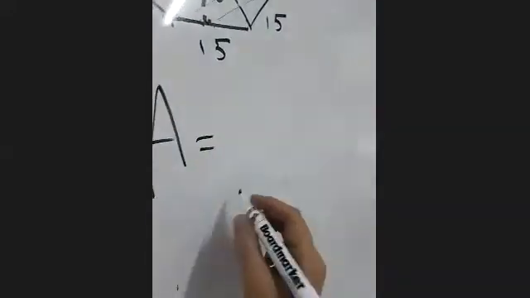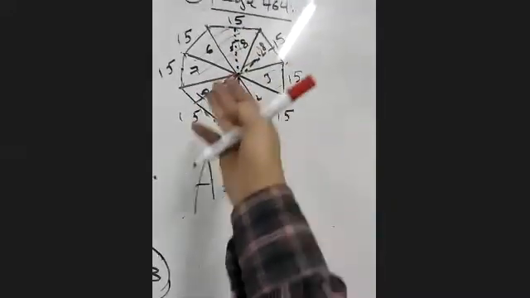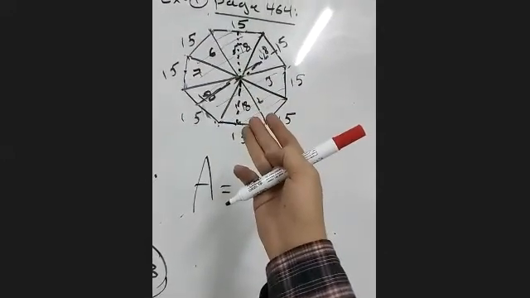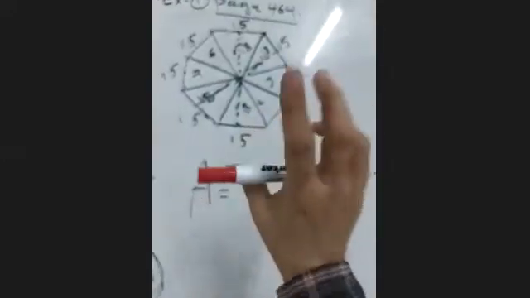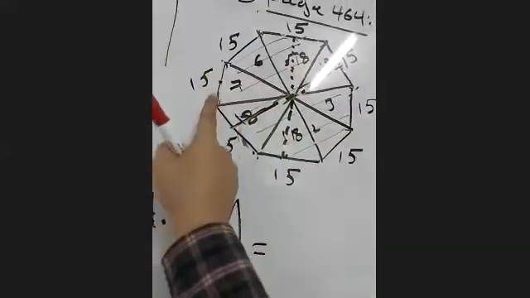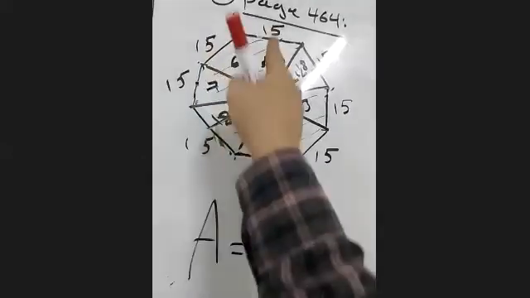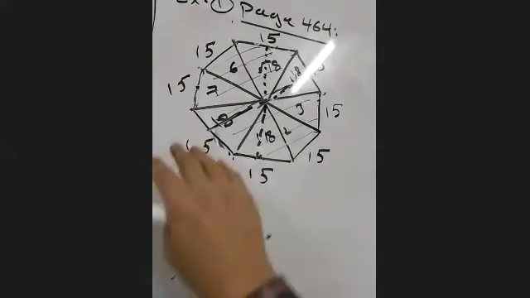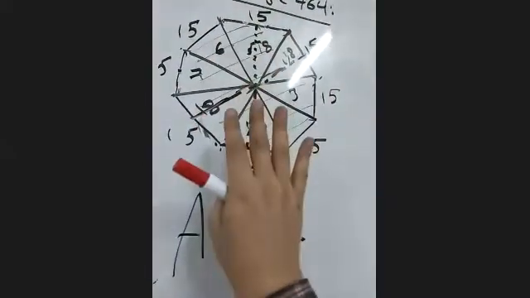A equals, we have triangles, right? How many triangles? 8 multiply. 8 triangles. And all the triangles have the same dimension. Base 15, height 18, right? Means all the triangles have the same area.